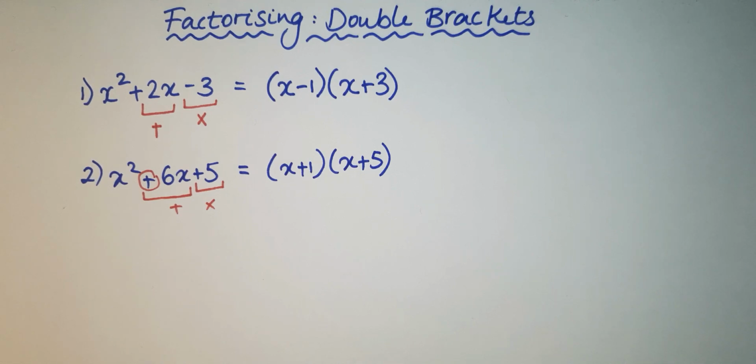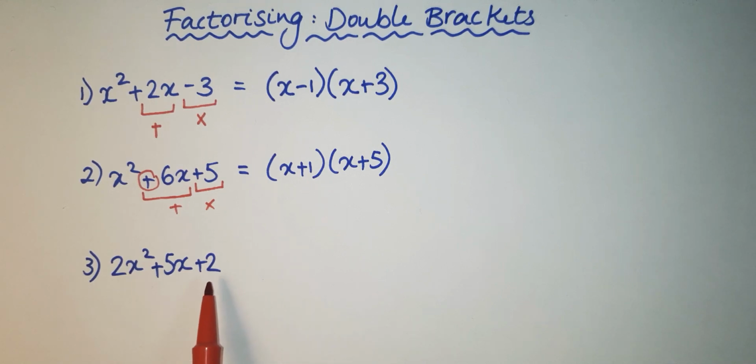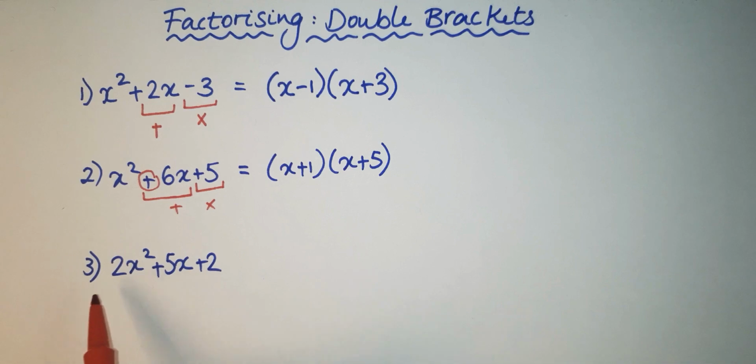Now the next question is a little bit different because it's not x squared, it's 2x squared. So let's go ahead and look at that. This time, we can't look for numbers that multiply to get 2 and add to give us 5 because we have 2x squared. So what we do is we multiply the 2 here and the 2 here, and we get 4.